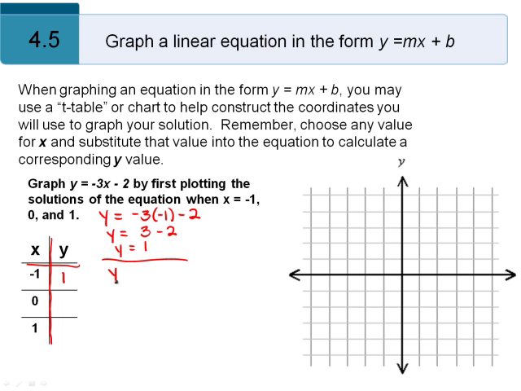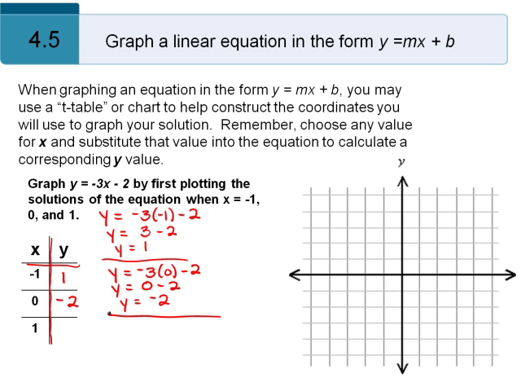So we're going to plug in 0 where the x is, negative 3 times 0 minus 2. So y equals, when you multiply negative 3 times 0, you get 0 minus 2. So y equals negative 2. Okay? All right.